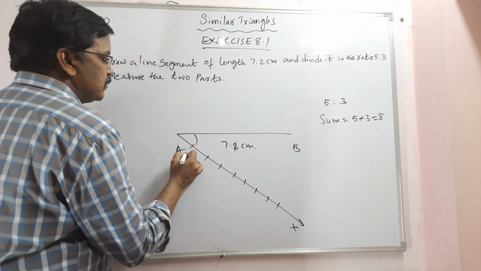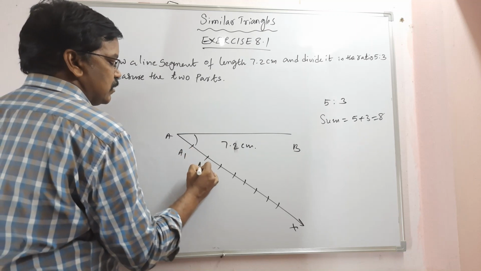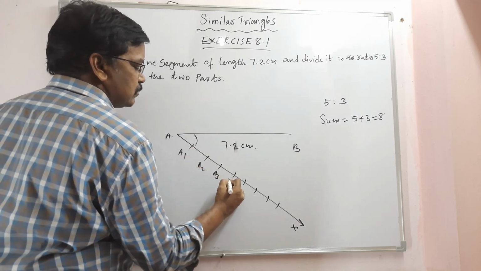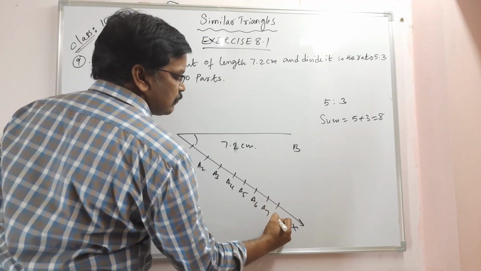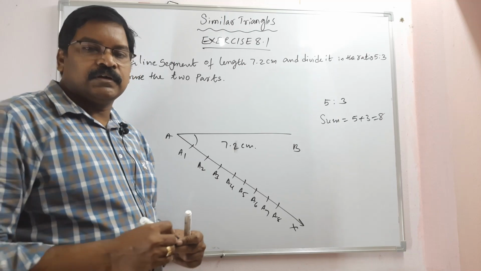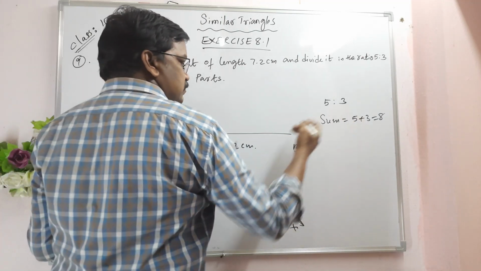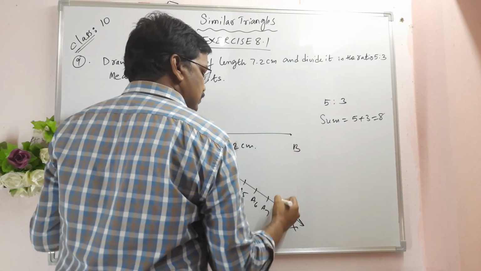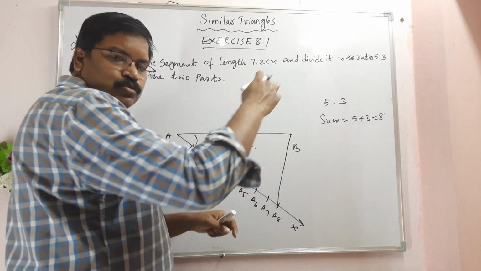That is A1, A2, A3, A4, A5, A6, A7, A8. Mark 8 points on this ray. Now just join A8 and B using a ruler or scale.